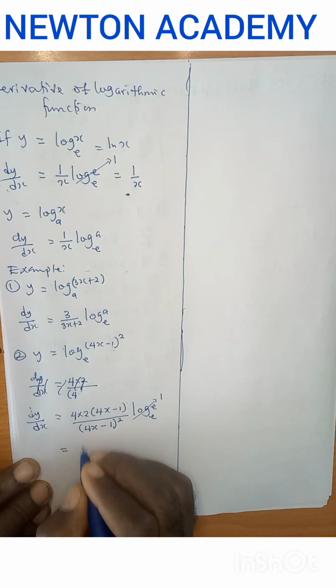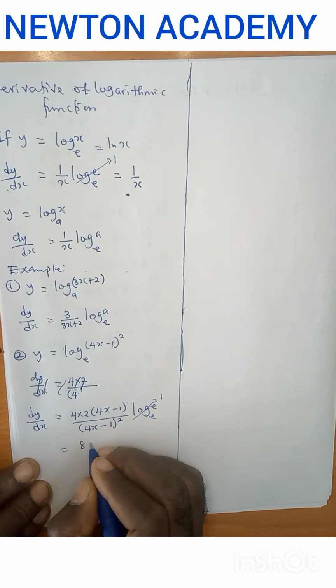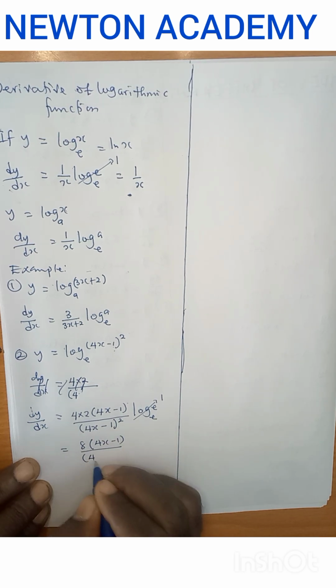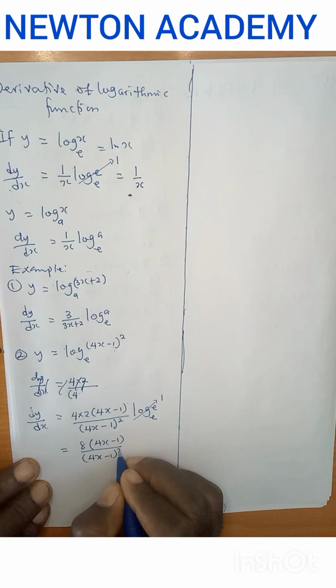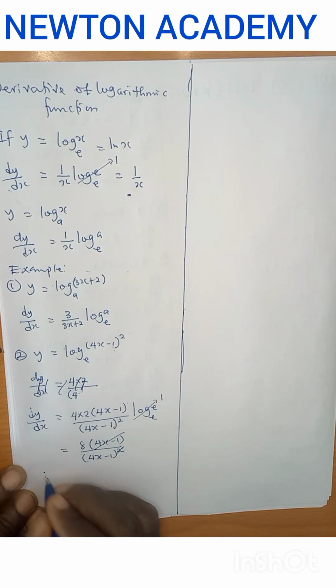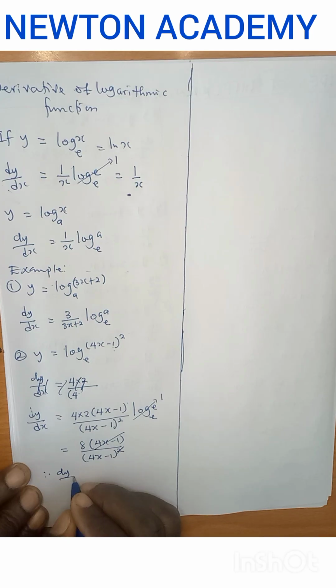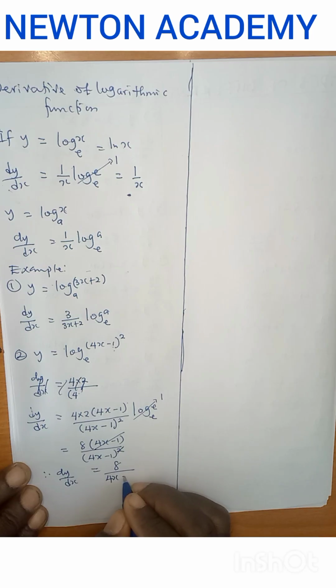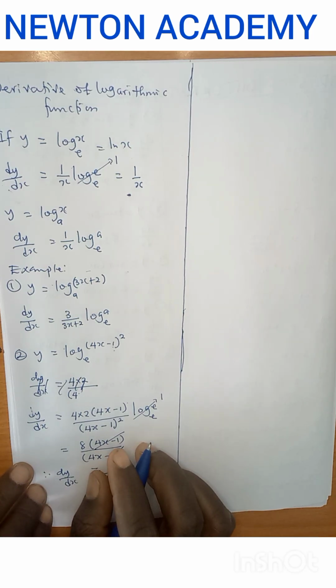We are now left with 8 multiplied by 4x minus 1 over 4x minus 1 raised to power 2. This will cancel one of them to remain 1. Therefore, dy/dx will be equal to 8 over 4x minus 1.